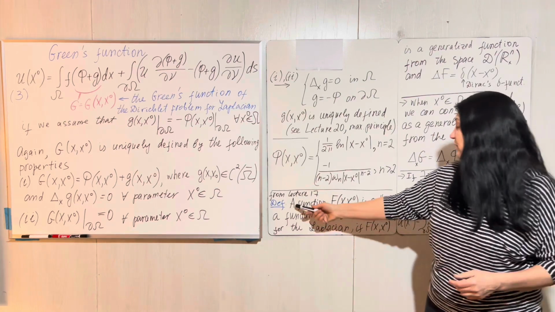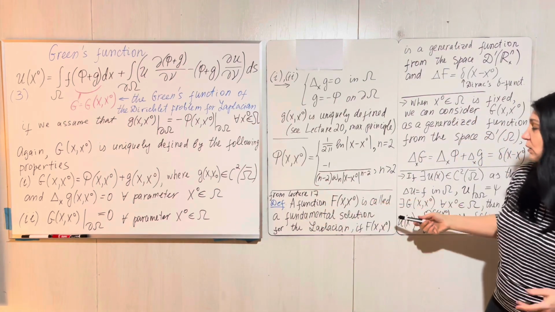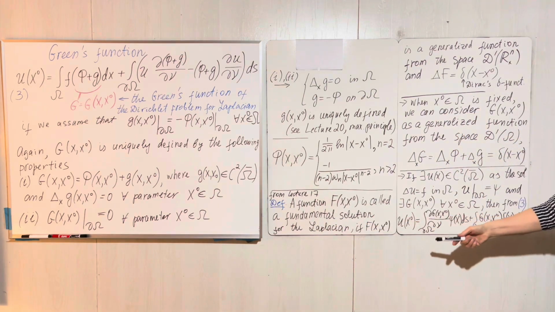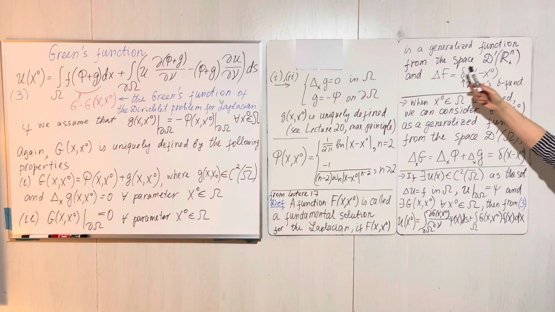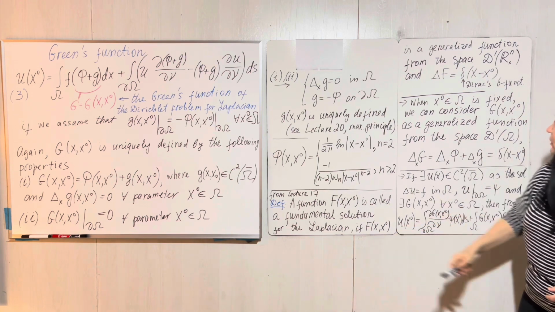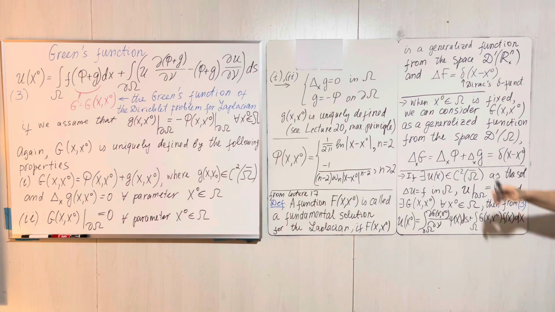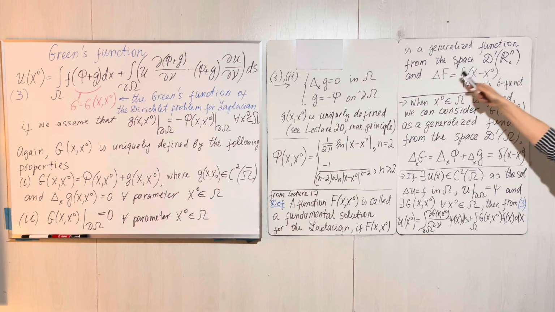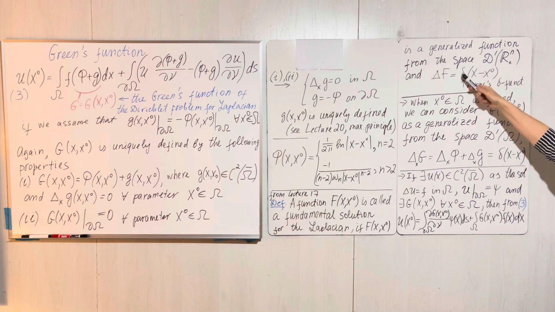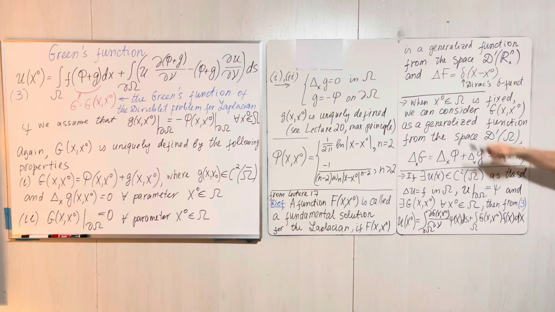A function f is called a fundamental solution for the Laplacian if this function f is a generalized function from the space D prime on Rn, where x is the variable, and this function satisfies the equation: Laplacian of f with respect to x equals the Dirac delta function.